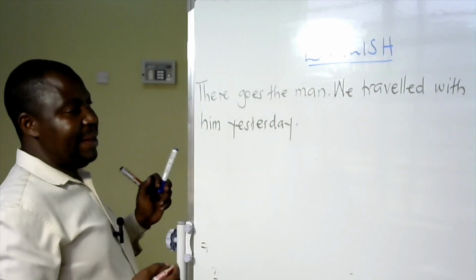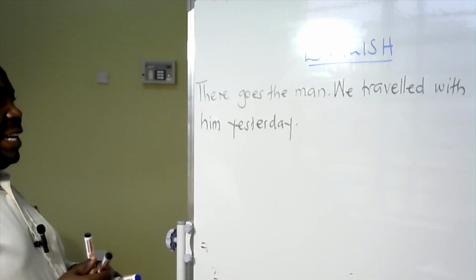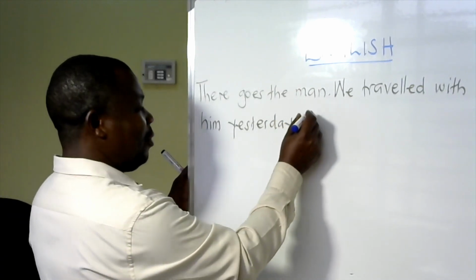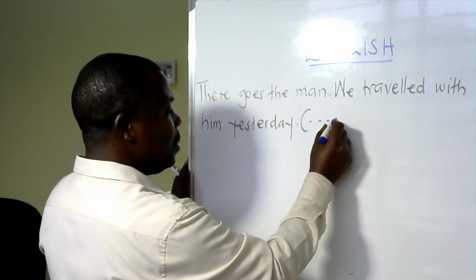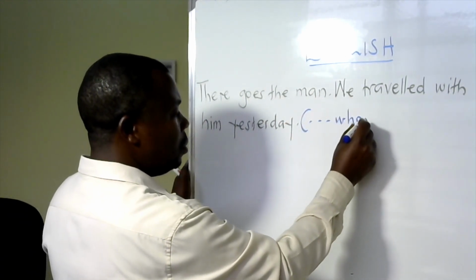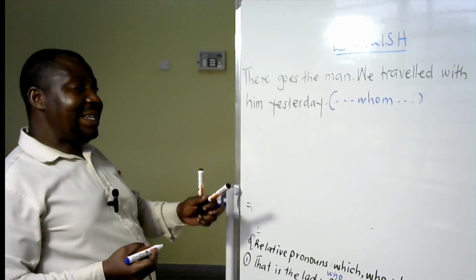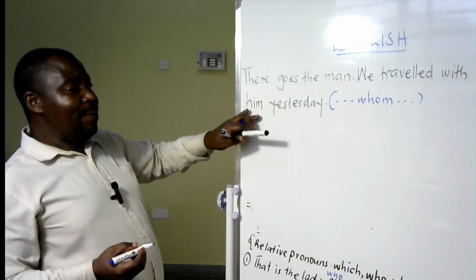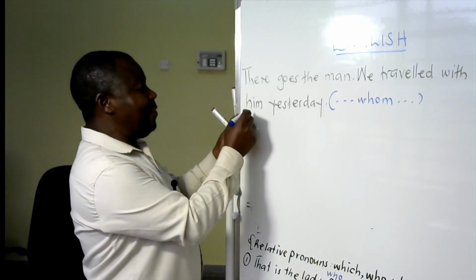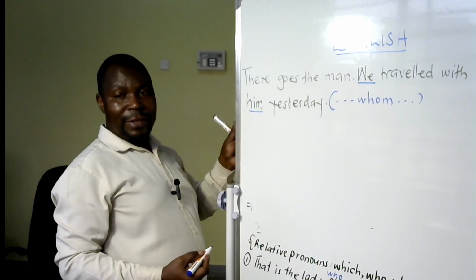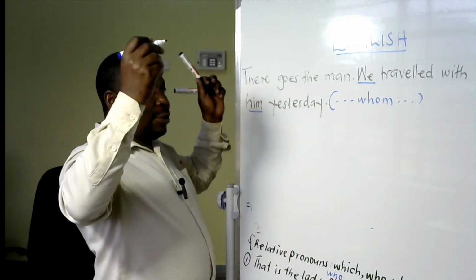Now look at this statement. It's very tricky, and they will ask the candidate to write the sentence using whom. Now what do we do there? We first identify which pronoun is being substituted. We are going to ask ourselves, which pronoun are we supposed to substitute?